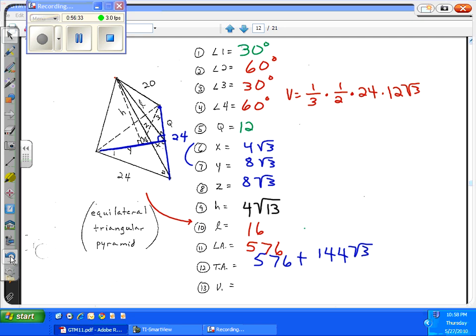And the bottom is a triangle, which is 1/2 base times height, times the height of the pyramid, which was the 4 square root 13.